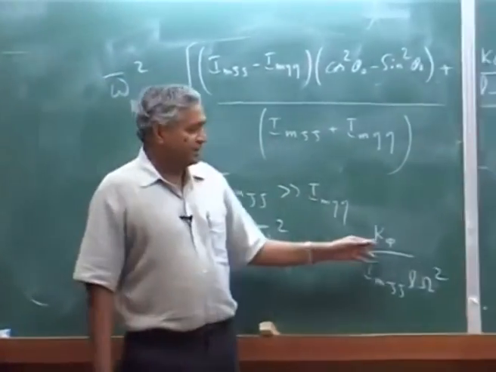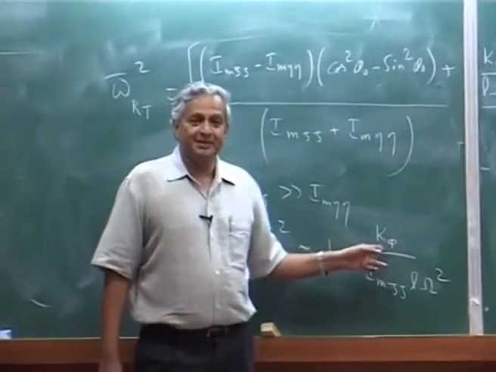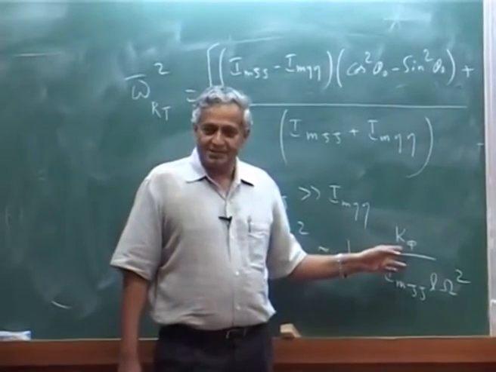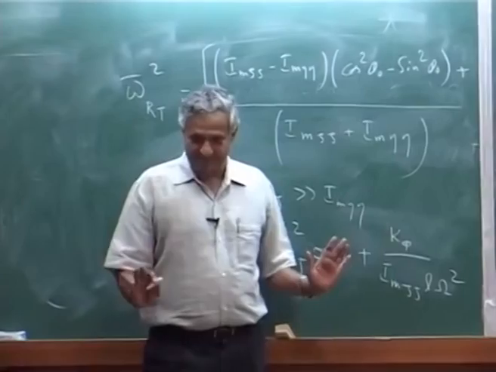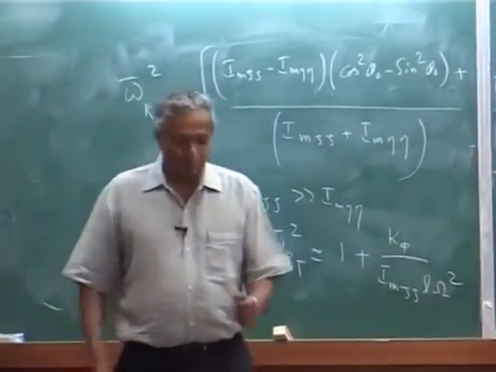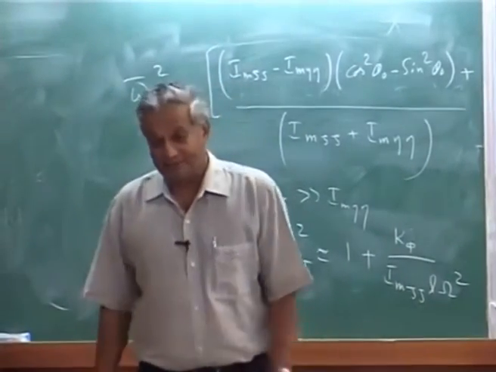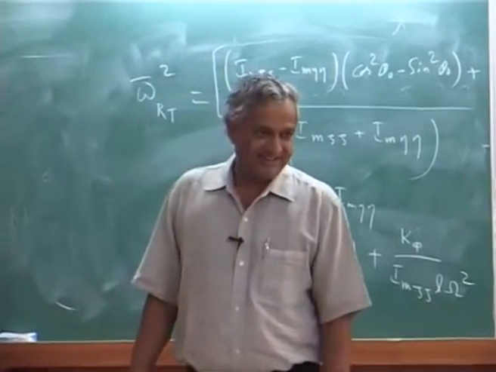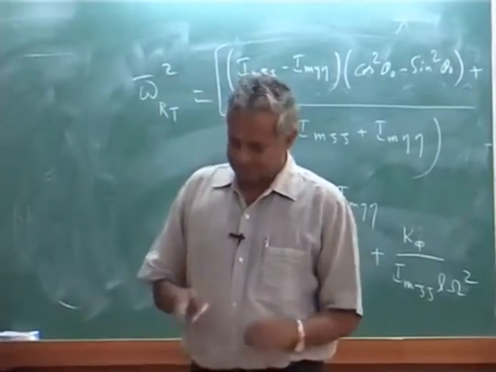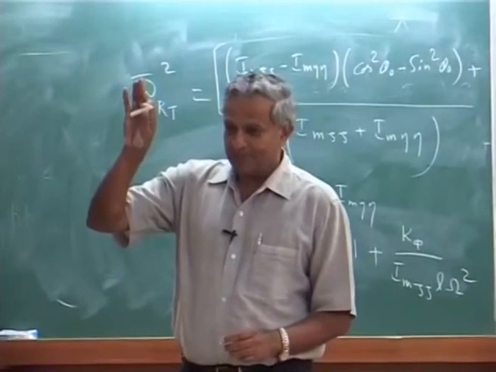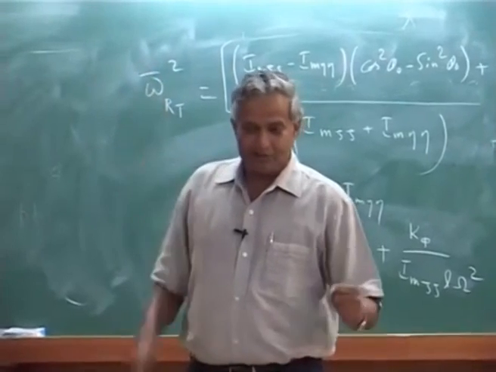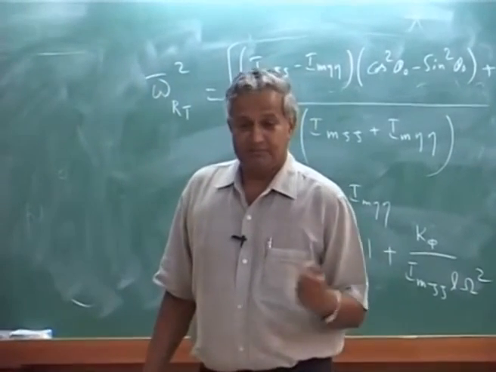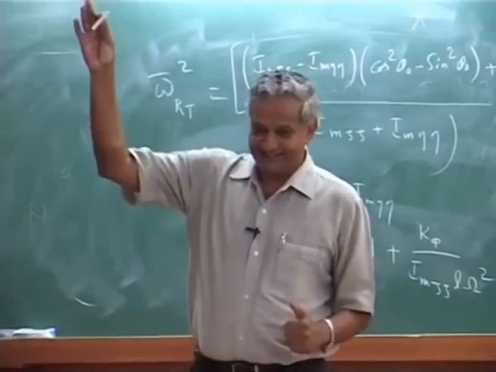But usually, the control system has a sufficiently large stiffness because you don't want the control rod to be soft. Whenever you give an input, it should faithfully go immediately, and there should not be any phase difference between this and that.